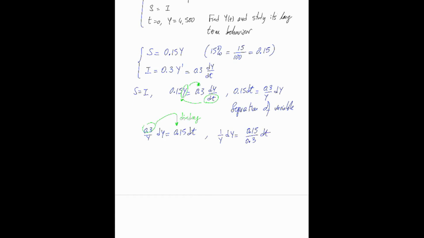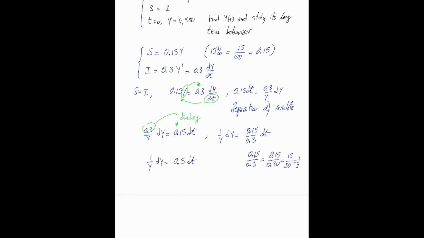Observe that 15 is half of 30, 30 is twice 15, so 1 over y dy equals 0.5 dt. Like I said, 0.15 over 0.30 is the same thing, so this is 15 over 30, which is 1/2, or 0.5.